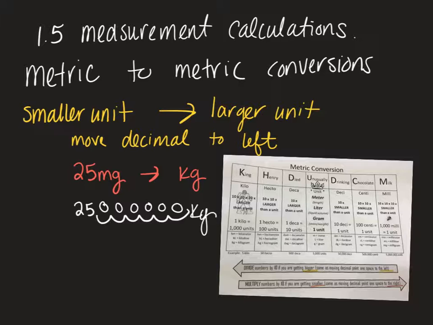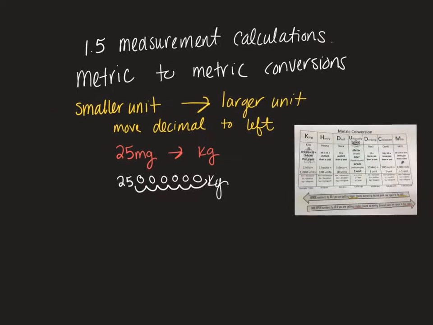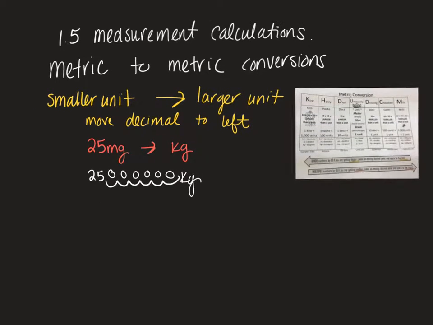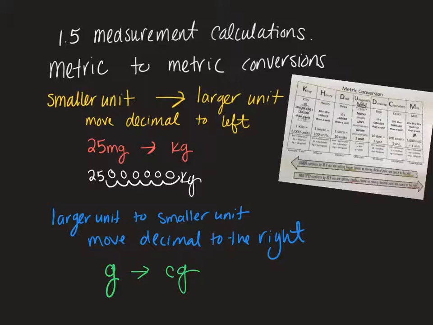And I'm going to shrink that down now that we're kind of done with it, just to give me some more room here. So if we're going from a larger unit to a smaller one, we're going to move our decimal point to the right. All right, so for this one, let's say we're going to do grams to centigrams.